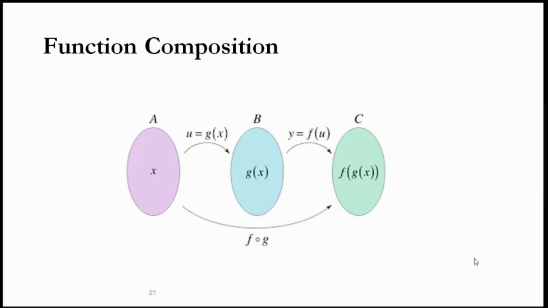If you want to represent the composition like this, f of g, then this is A to C. That means g of x is a function having the mapping from A to B, and f is a function having mapping from B to C. Then f composition g will have the mapping from A to C. This is the meaning.